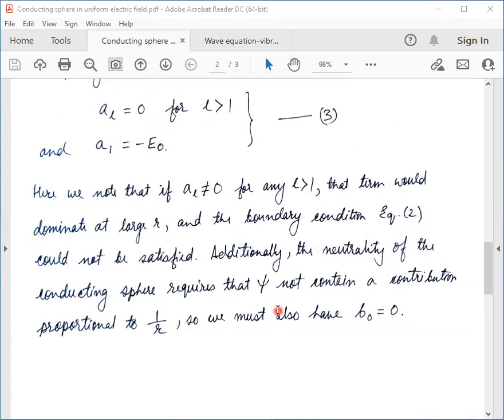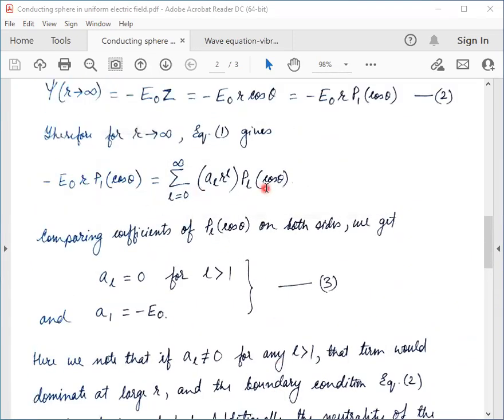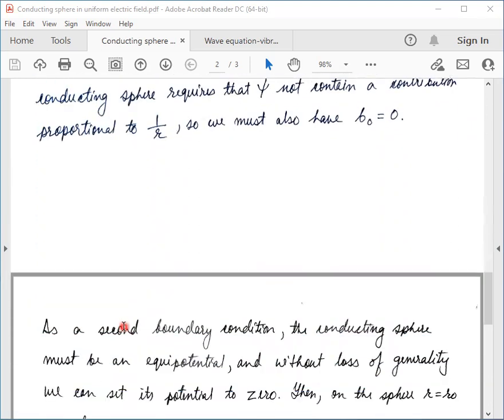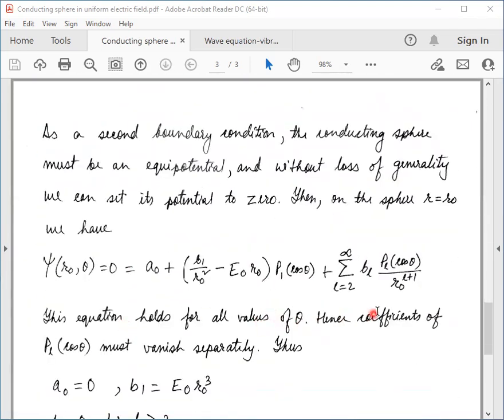We have taken A_L equal to 0 for L greater than 1. The only remaining coefficients of A are A0 and A1, and the remaining coefficients of B are B1, B2, and so on.